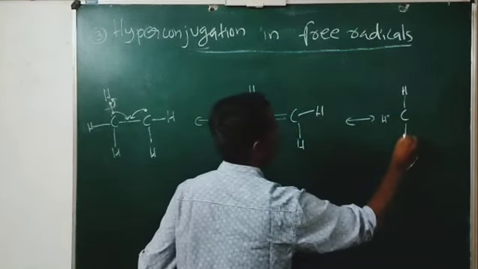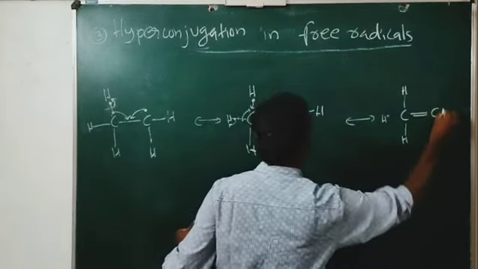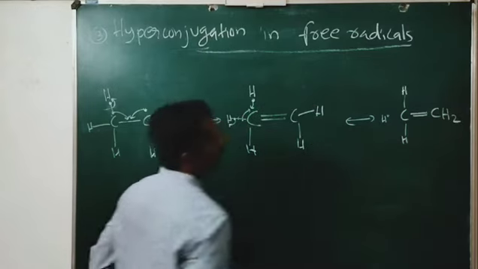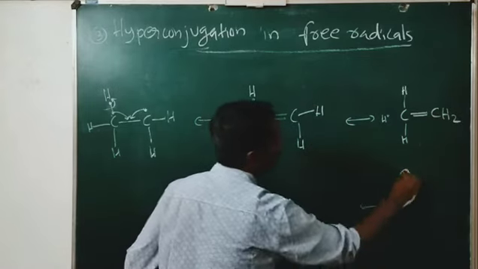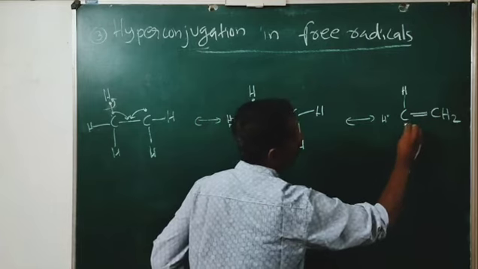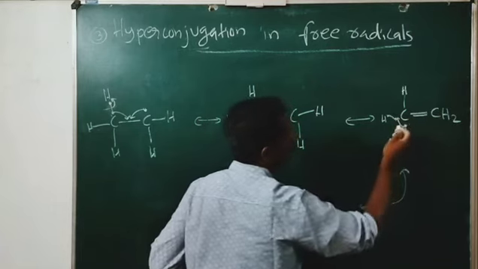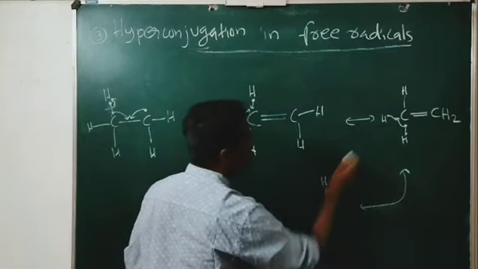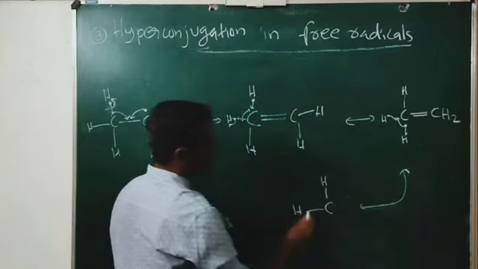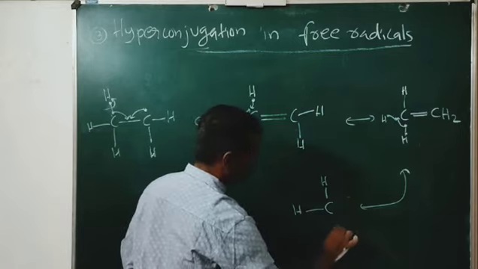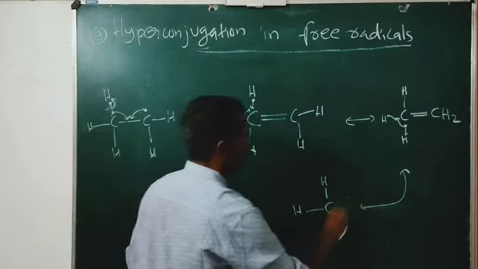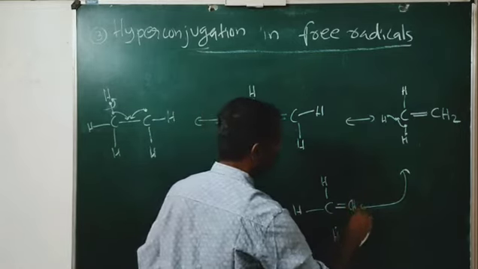No change in CH2, CH2. What is the next canonical form? This bond means a pair of electrons. This electron and this hydrogen's electron join together, so the CH bond forms again, the hydrogen has a single electron, and here we get the double bond with CH2.